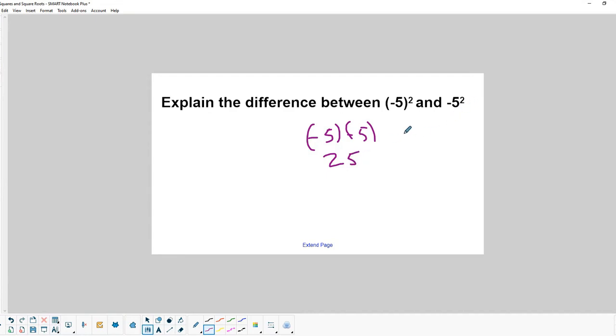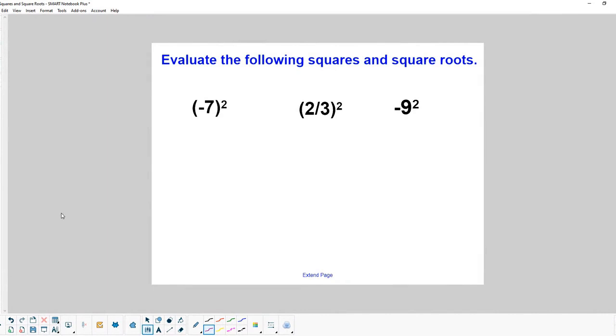Meanwhile, the last one there is like saying the negative of 5 times 5. So 5 times 5 is 25, so then you end up with a final answer of negative 25. So the main difference is one's positive and one's negative.